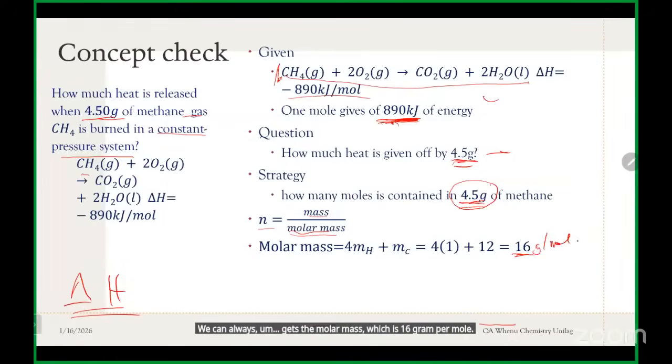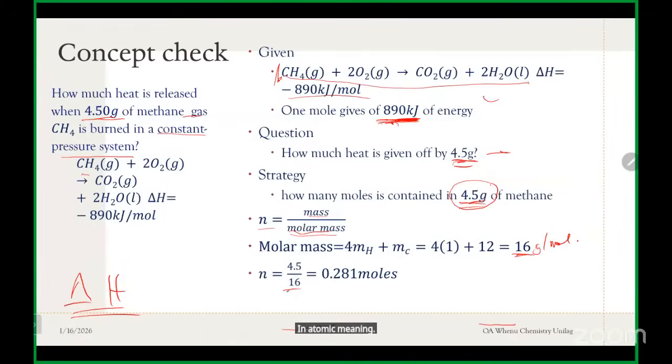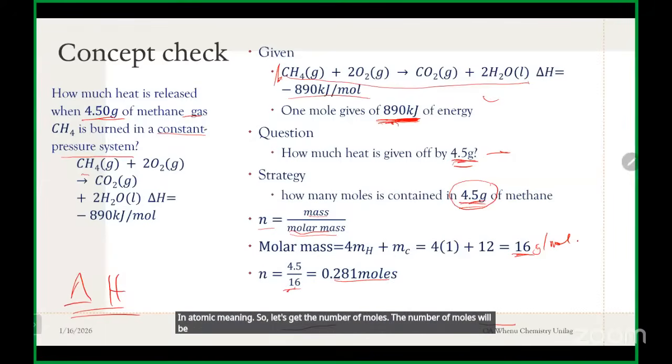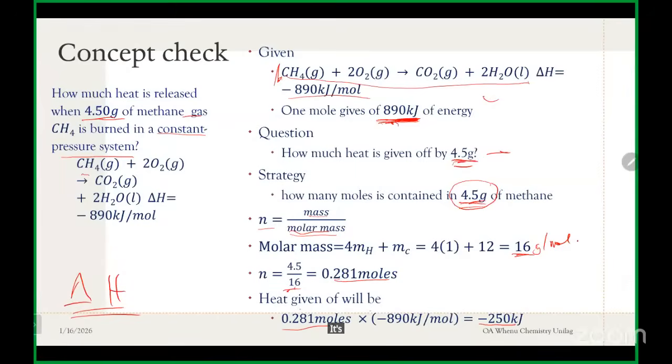So let's get the number of moles. The number of moles will be 4.5 over 16, 0.281. What is given off for 1 mole is minus 890. So what will it be for 0.281 moles?